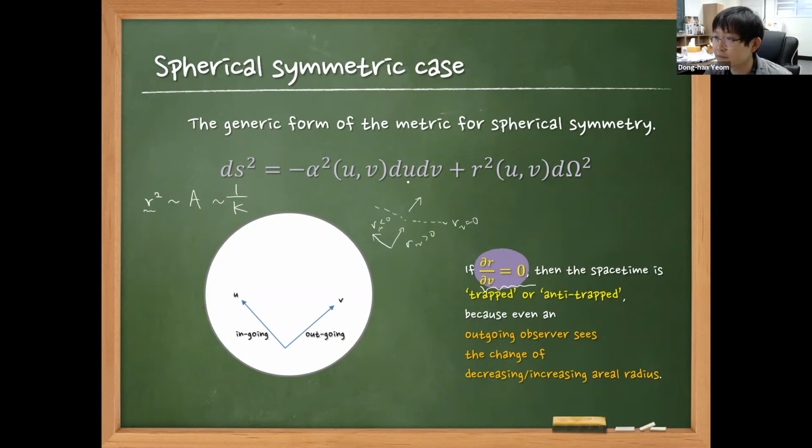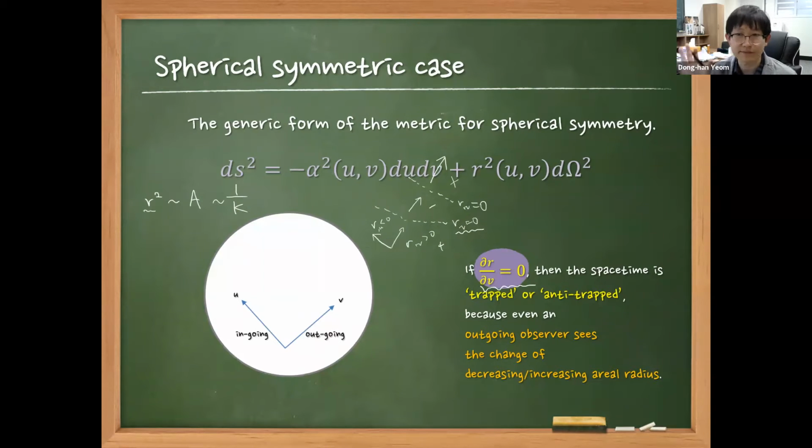However, it is in principle possible that you cross one more horizon, R_V equals 0 once again, and then you will feel again that your areal radius increases along the outgoing direction. So here R_V is positive, negative, and positive, and there are two boundaries. For this case, if R_V equals 0 and R_V changes sign from plus to minus along the outgoing direction, then we can say that it is trapped.